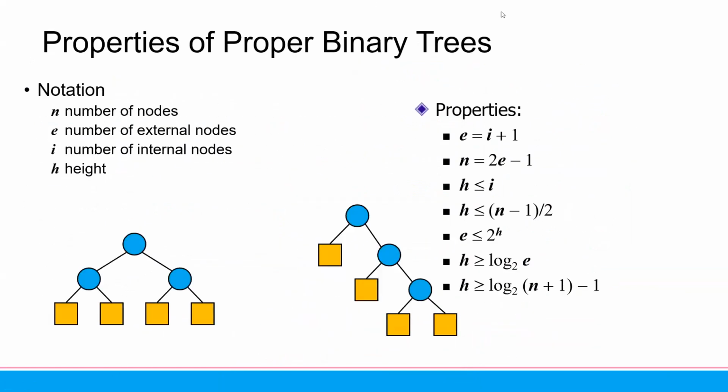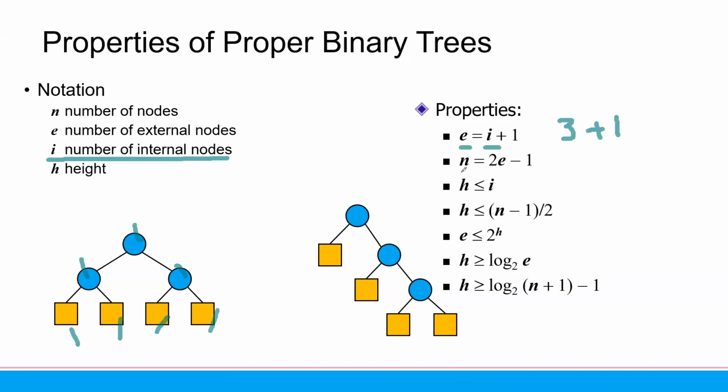It means i is the number of internal nodes. So in this case, I have 1, 2, 3. Then 3 plus 1 equals e. e is the external nodes. 1, 2, 3, 4.